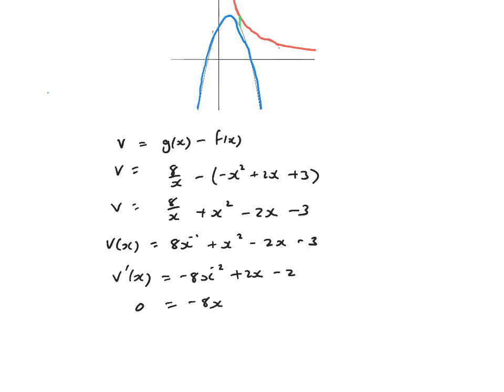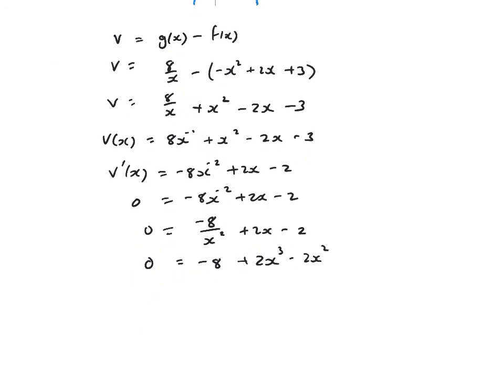So that becomes minus 8 over x squared plus 2x minus 2. So I multiply every single term by x squared. So 0 is equal to minus 8 plus 2x cubed minus 2x squared. Just rearrange a bit: 2x cubed minus 2x squared minus 8 is equal to 0. And then we solve for x.